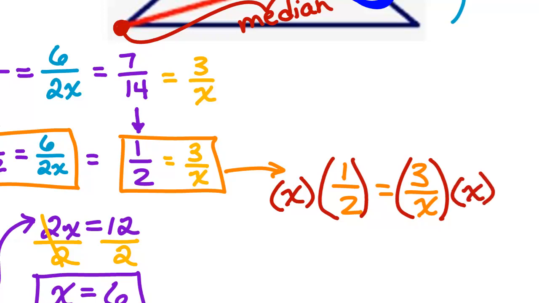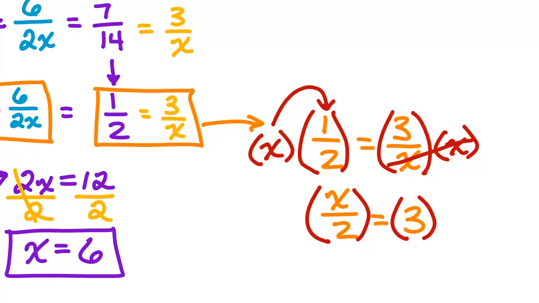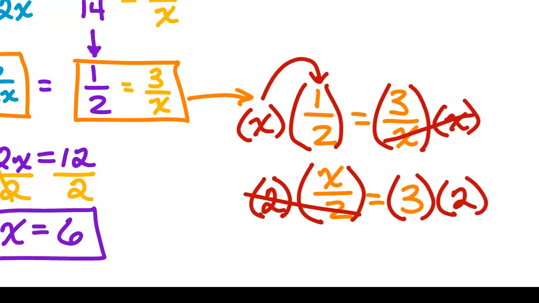So you can multiply by the x or by the 2. It distributes up to my numerator only. So I would have 1x, which is the same thing as just x, over 2 equals 3. And then we multiply both sides by our last remaining denominator of 2. And 3 times 2 would give me?